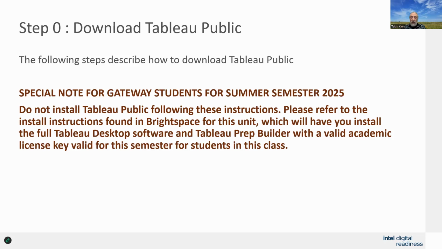When we do this installation, it really is going to be a collection of two products, right? There's the Tableau Desktop software. That's the primary product. And Tableau also has a data pre-processing product called Tableau Prep Builder. So that's when you're working with data that needs cleaning or data that comes from different sources and doesn't really match up well together. Sometimes you use that product to prepare.